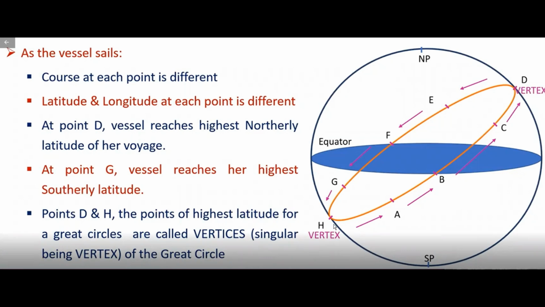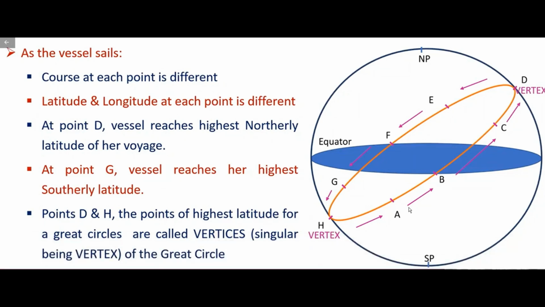Let me go a little bit deeper. Let us say your initial position was A and the final position was B. Now you are moving from A to B. Sir, the highest latitude in that case will be only A, na, sir? Right.